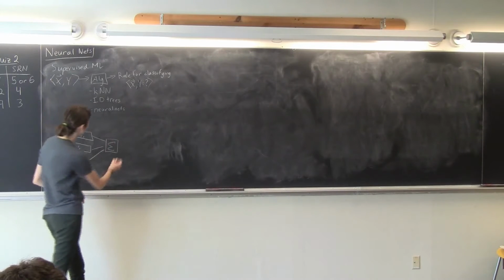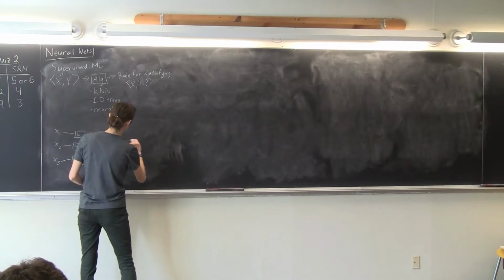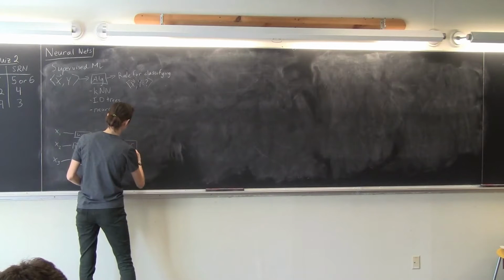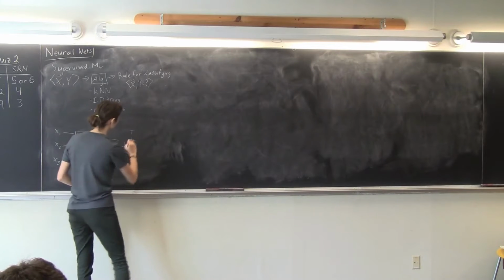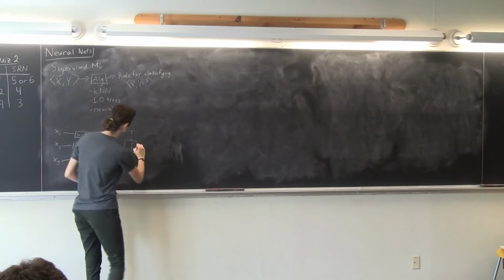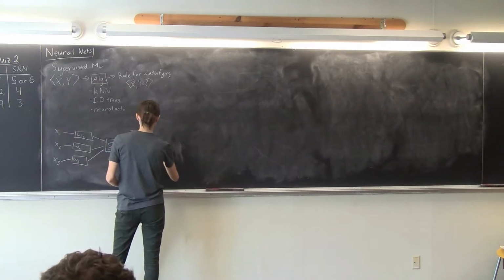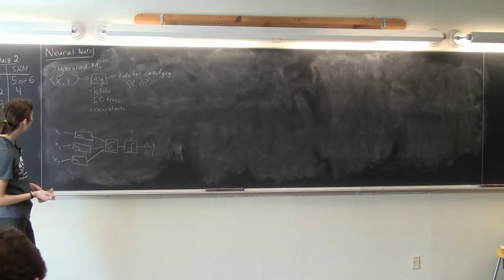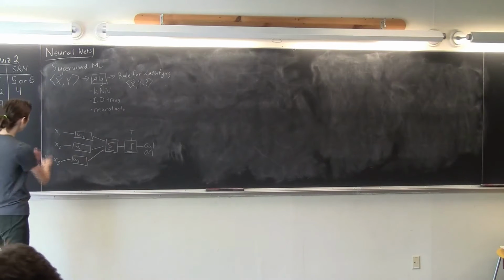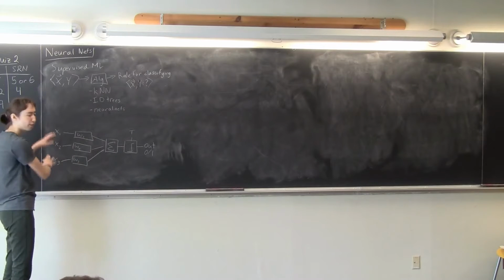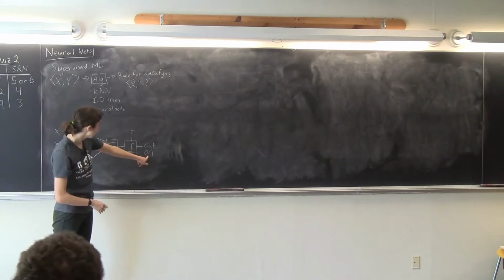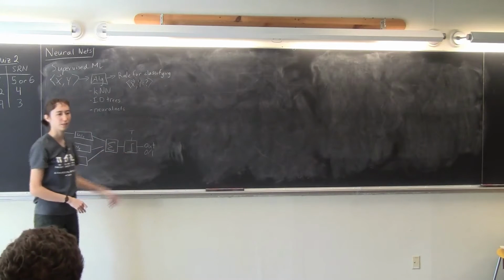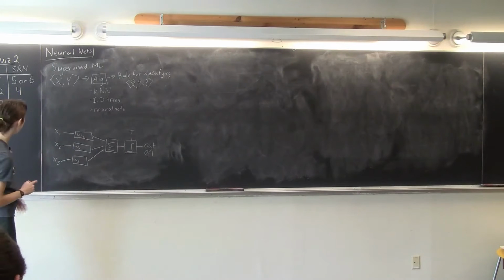That sum will go into a thresholding function, which has some threshold t. And in the end, we'll get some output, which will be either a 0 or a 1, so we have a binary output. Basically these are our features, and we're given the feature values that are numeric, and then we're going to get out a binary classification, one of 2 classes.